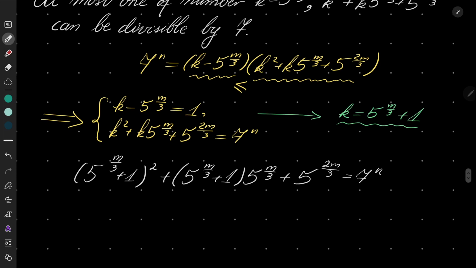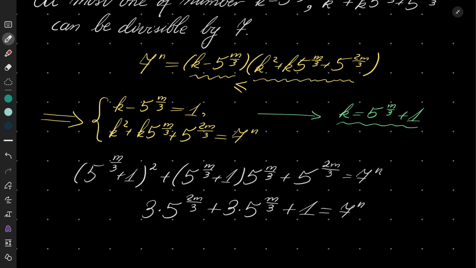And after some simplifications, we will get 3 times 5 to the power 2m over 3 plus 3 times 5 to the power m over 3 plus 1 should be equal to 7 to the power of n. Okay.